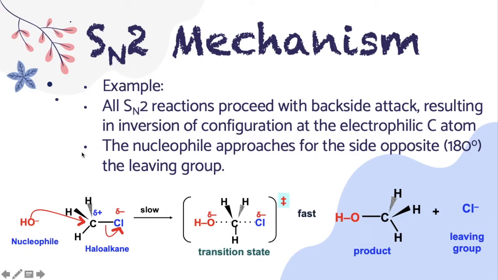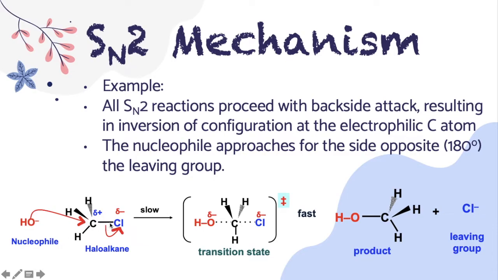Example: all SN2 reactions proceed with backside attack, resulting in inversion of configuration at the electrophilic carbon atom. So this is what we call backside attack.